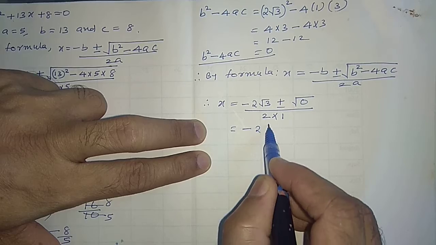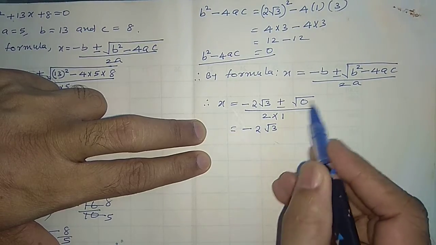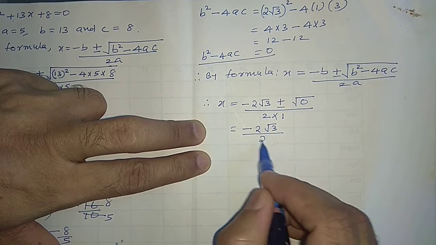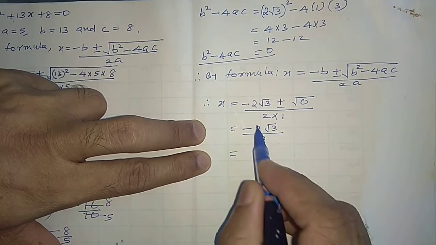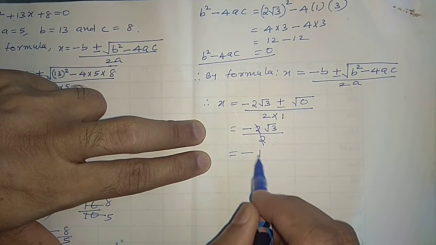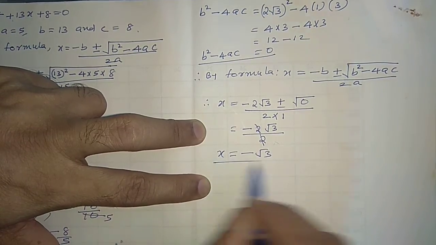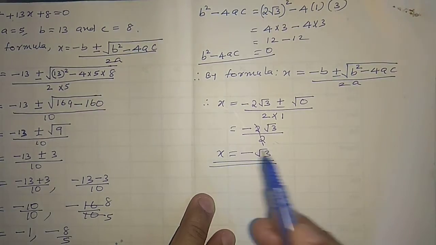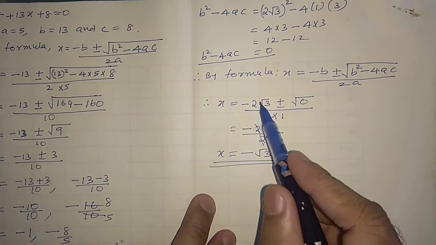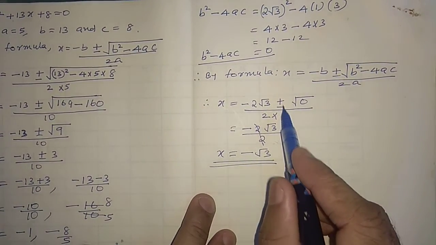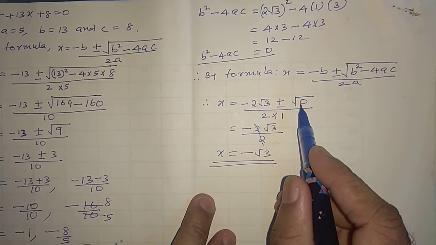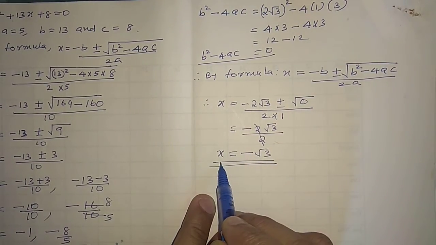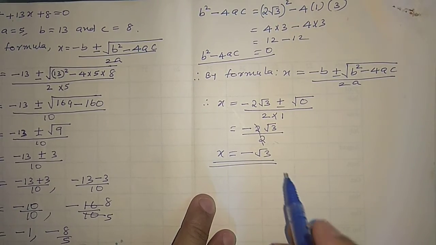So it is minus 2 into root 3 plus or minus 0, you leave it, upon 2. 2 and 2 cancel. Minus root 3. X has two answers, minus root 3 and also minus root 3. Plus or minus 0 is 0 only. So the answer is x is minus root 3.